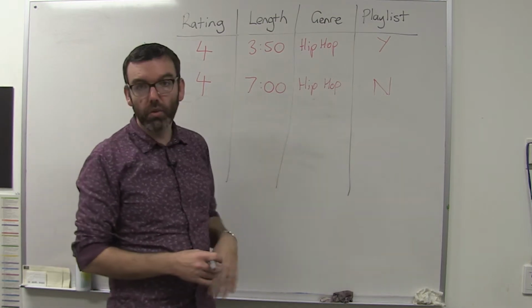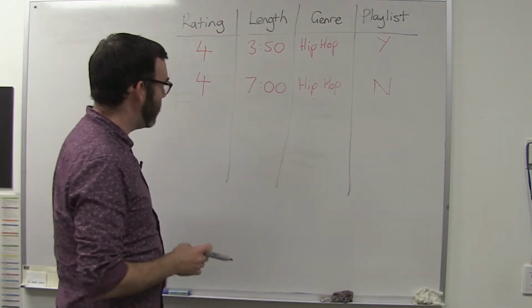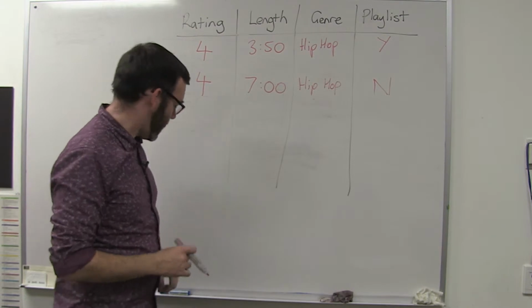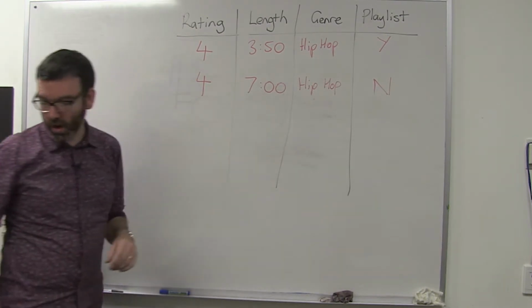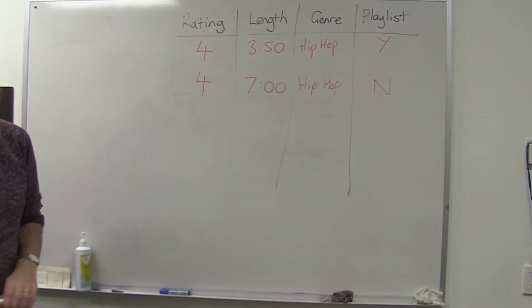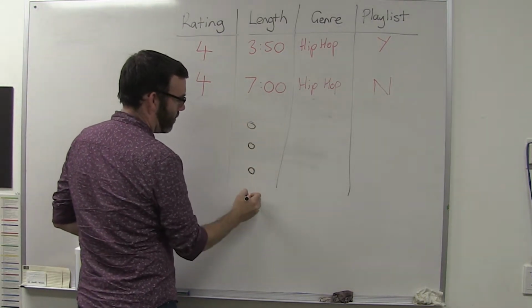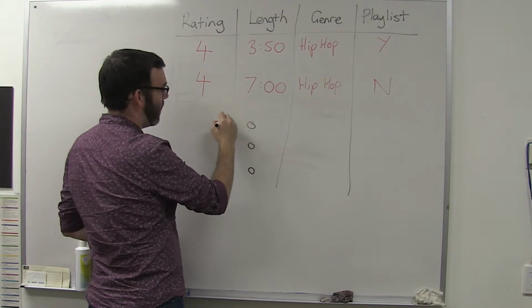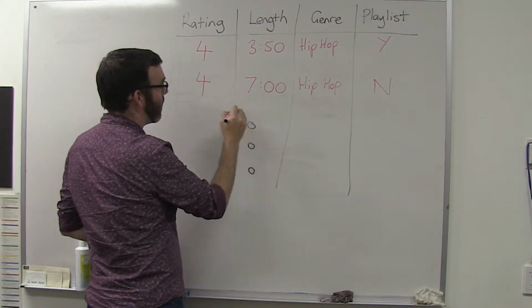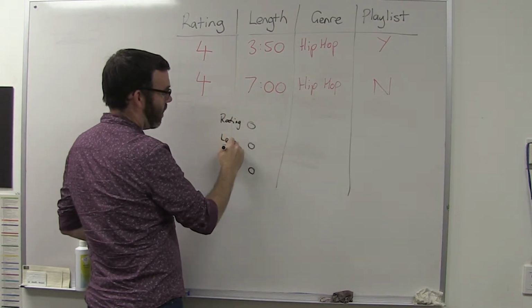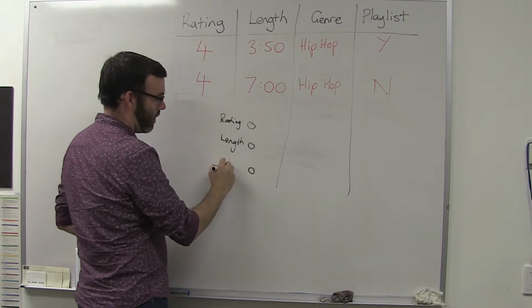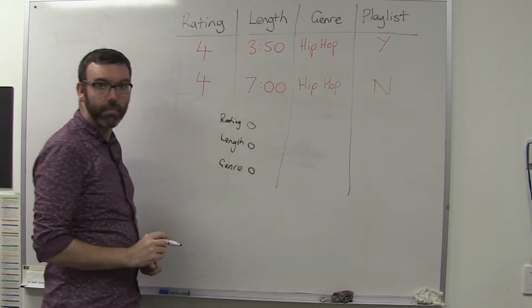So in fact, what we would do practically, and how we would actually put this into our neural network, is, if I use our circles again in our neural network, to have our various inputs. So this would be the rating, the length, and the genre.